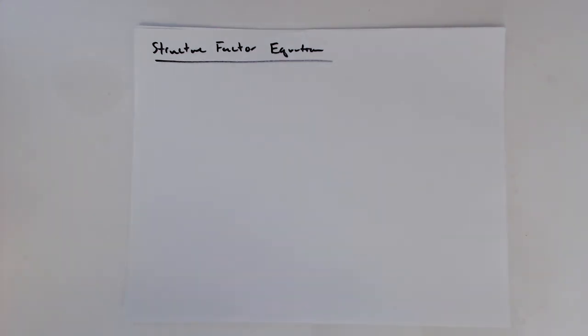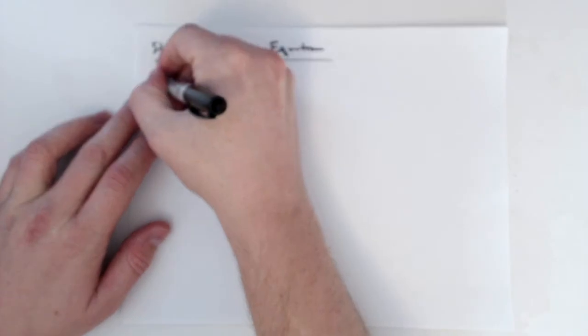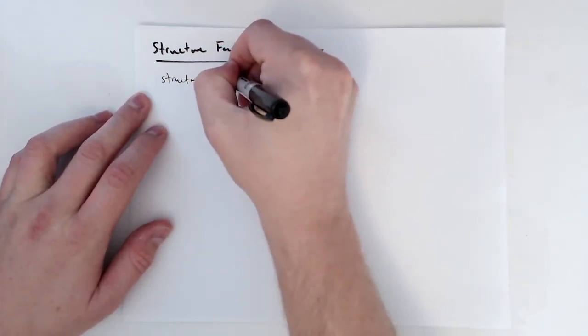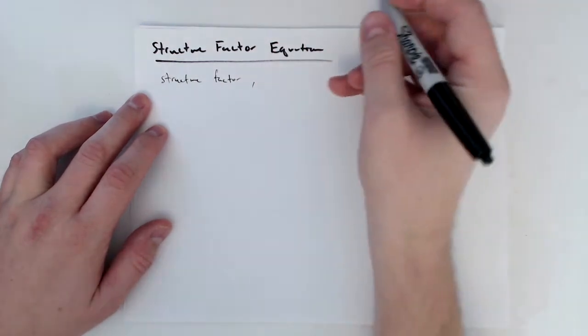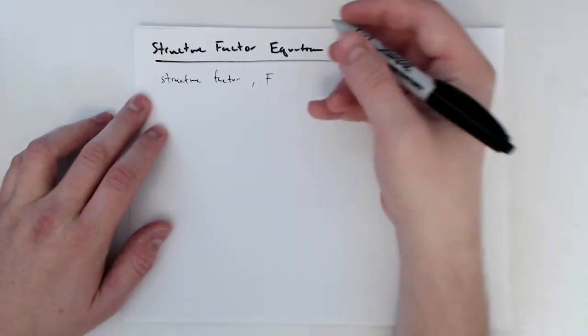Okay, so now we can look at the structure factor calculation, which tells us about how the arrangement of atoms in a unit cell affects and interferes with X-rays. So the structure factor we refer to as capital F. You saw the script F for atomic scattering factor.